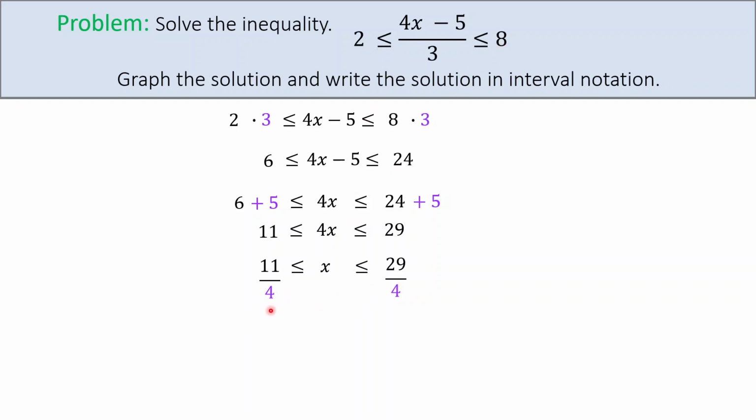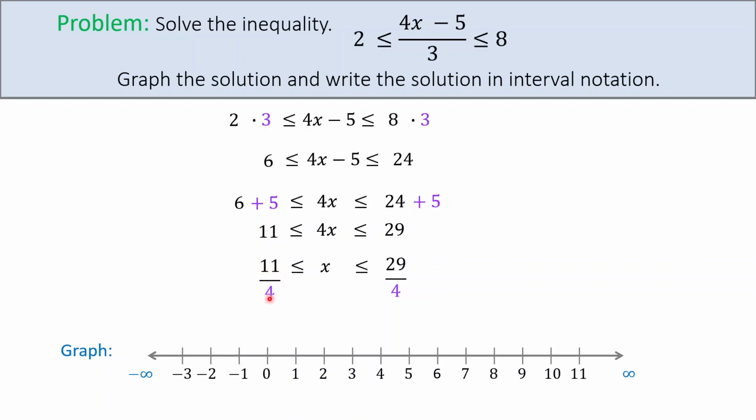Now you need to draw the graph and the solution in interval notation. So first to draw the graph. So you have 11 over 4. This is 2.75, which is close to 3.